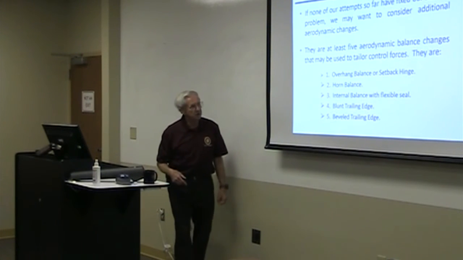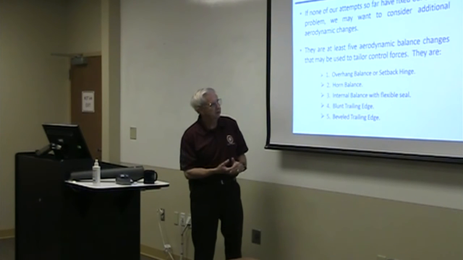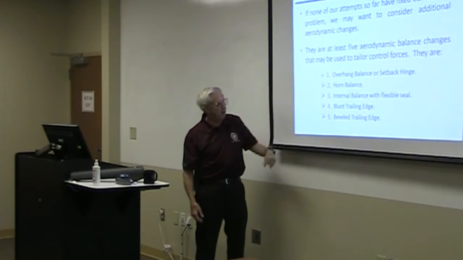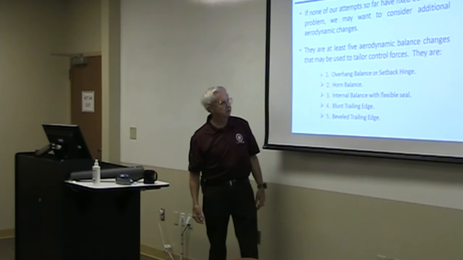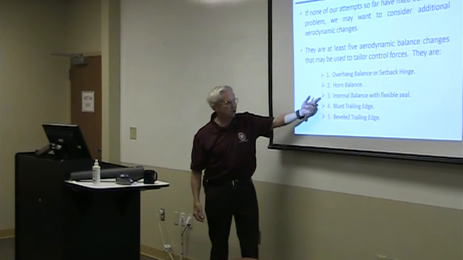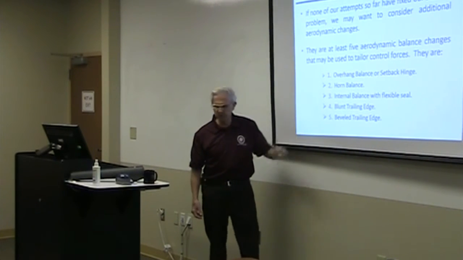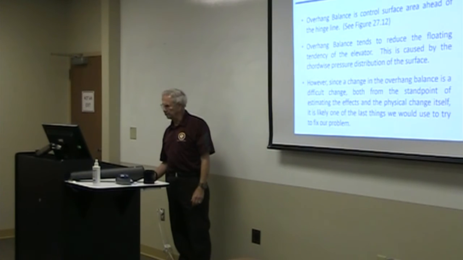Several different types of aerodynamic balance. We have an overhang balance or setback hinge, and we'll talk more about each of these. We have horn balance, which is kind of the same. Internal balance with a flexible seal, a blunt trailing edge or a bevel trailing edge, and I'll give you some examples on some of these.